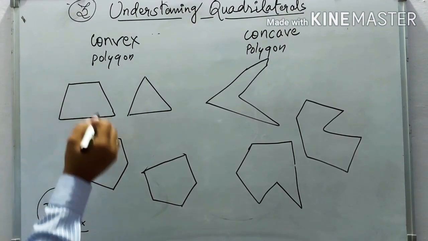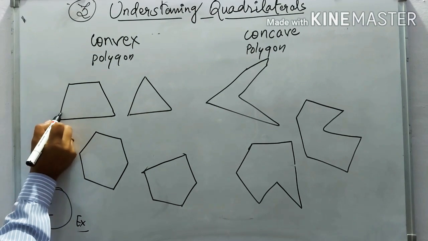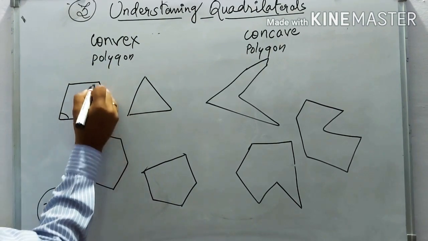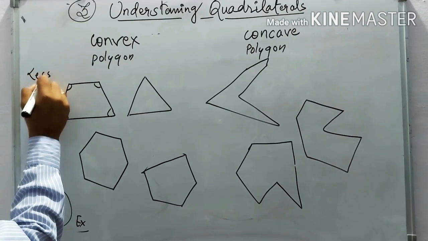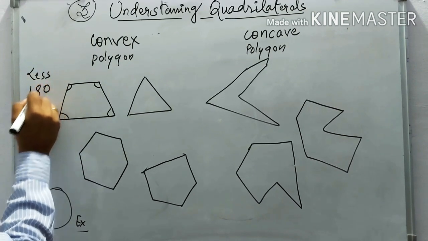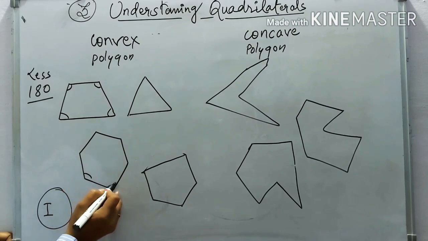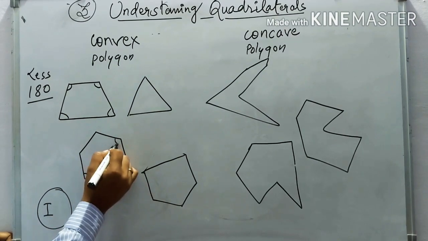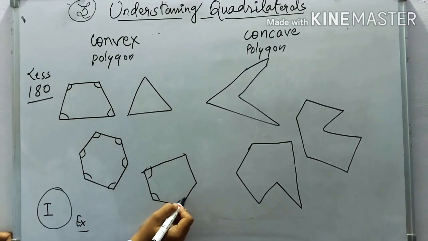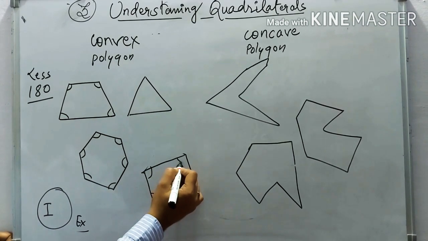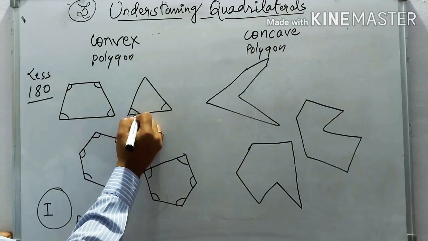If all the interior angles of the diagram are less than 180 degrees, it is called a convex polygon.